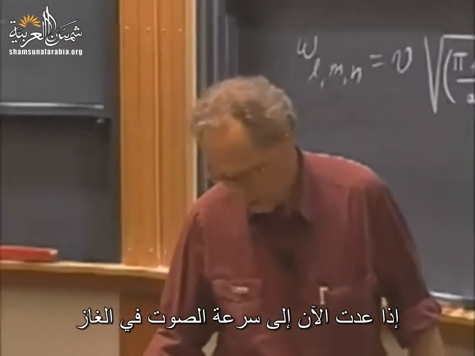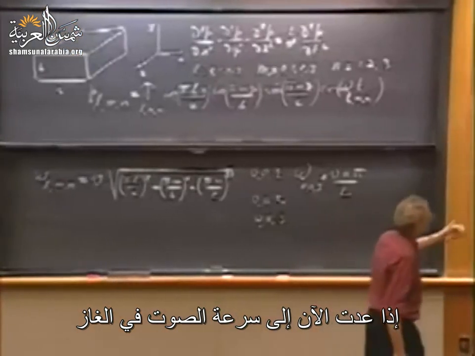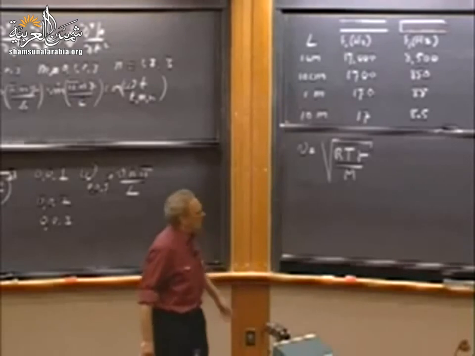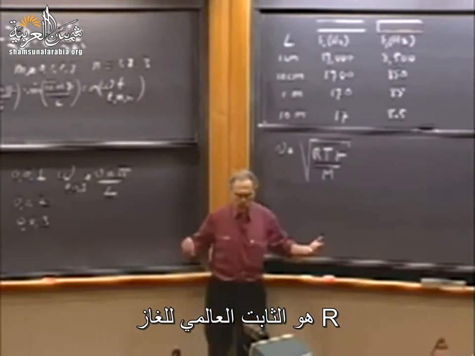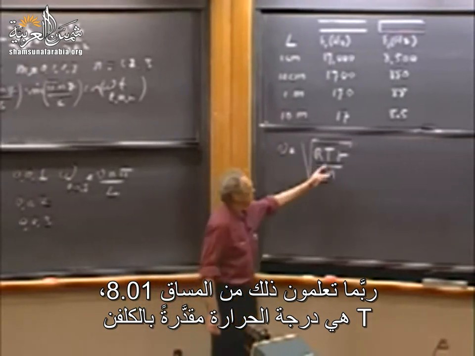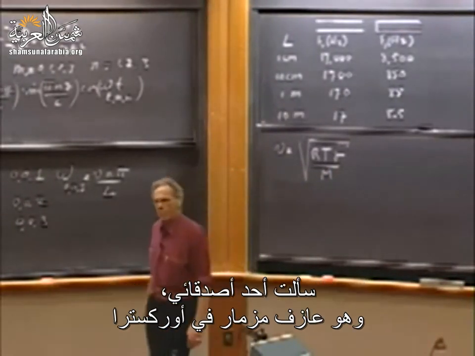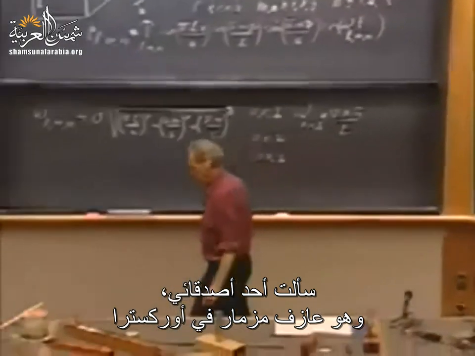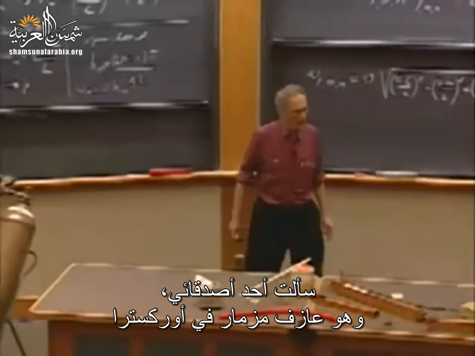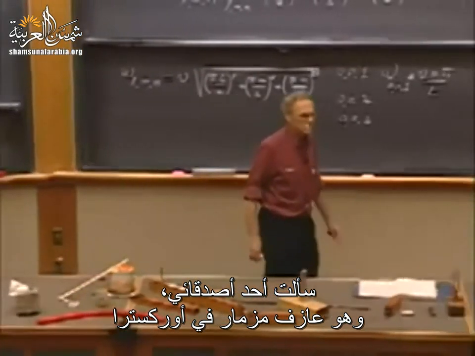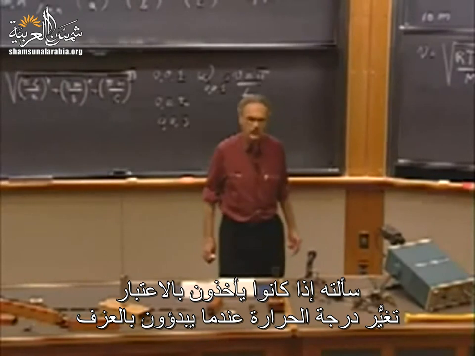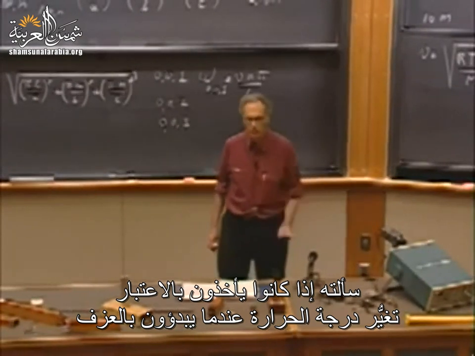If I return now to the speed of sound in gas, R is the universal gas constant. You may have had that in 801. T is the temperature in degrees Kelvin. What I want to mention, though, what is interesting, a friend of mine was a flute player in an orchestra, and I asked him whether they have to take into account the change in temperature when they start playing.